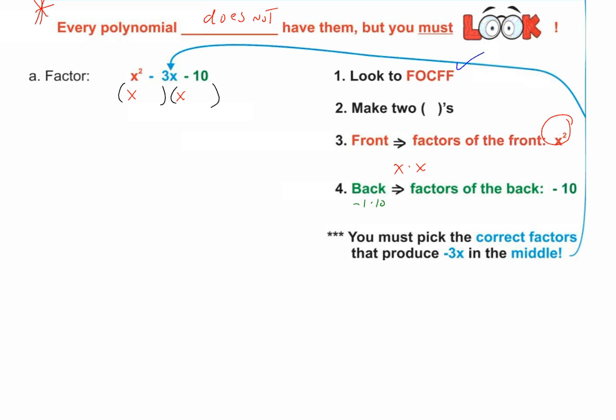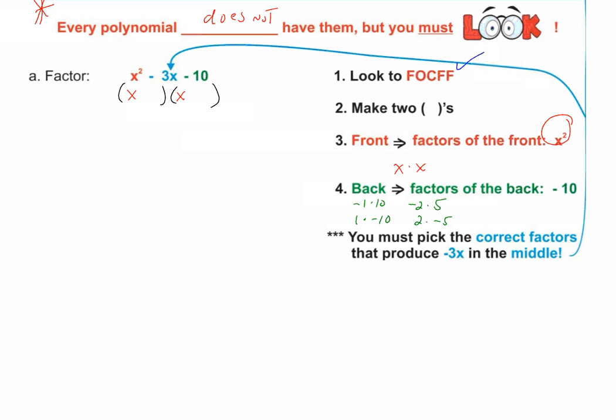What's another set of possible factors? Andrew? All right, negative 2 times 5 is another set of possible factors. Are there any more? Give me another one, Kirsten. All right, a 2 times a negative 5. And there's one more, right, John? And then a 1 times a negative 10. So look, we have 4 possibilities. It depends on the back number how many possibilities there's going to be. The back number's not so big, there's not so many to worry about.